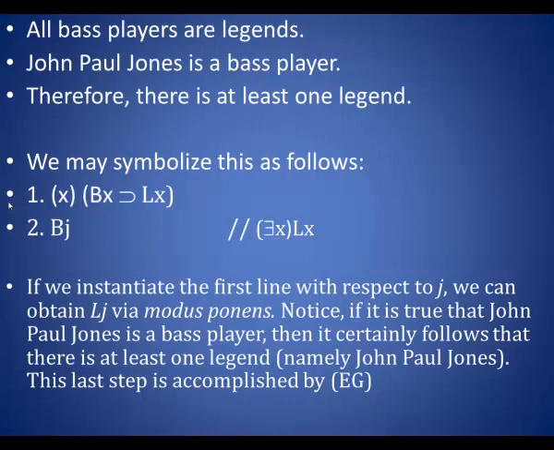So if it's true that John Paul Jones plays bass, then it has to be the case that there's at least one thing that's a legend. Because our first premise says for all x, if x is a bass player, then x is a legend. So if that's the case, and John Paul Jones is a bass player, then there must exist at least one legend.